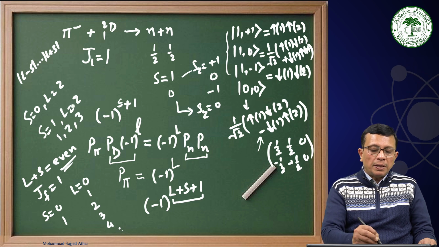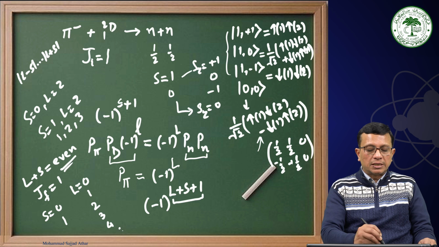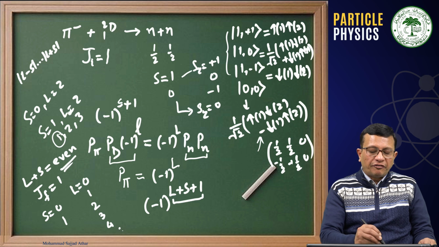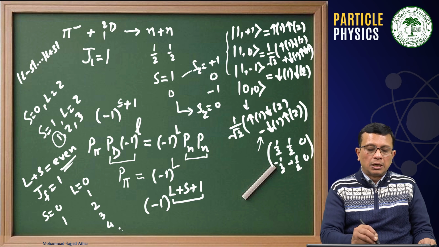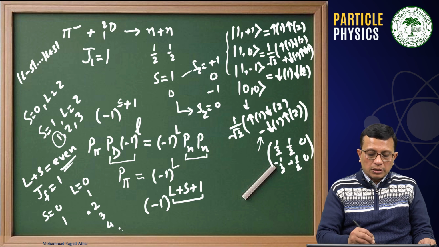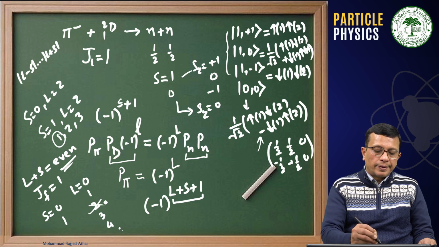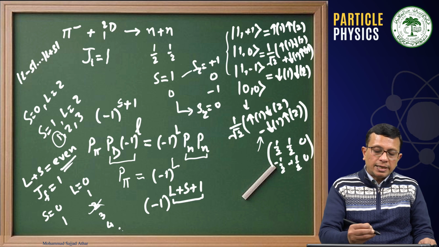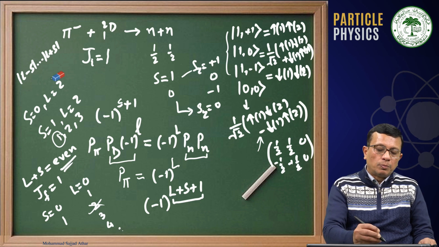Though we have Jf equal to 1 here, L plus S is odd. Therefore, this will not be possible. So S equal to 1, L equal to 2 is also not the choice, and S equal to 0, L equal to 2 was also not the choice. Let us take any other example more than that.